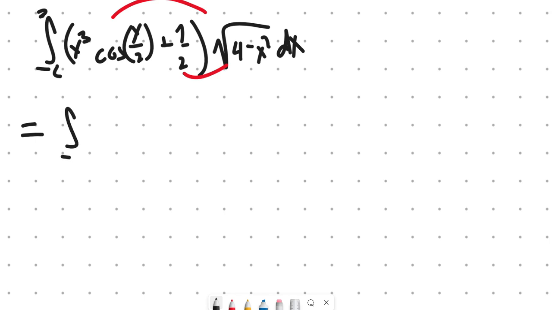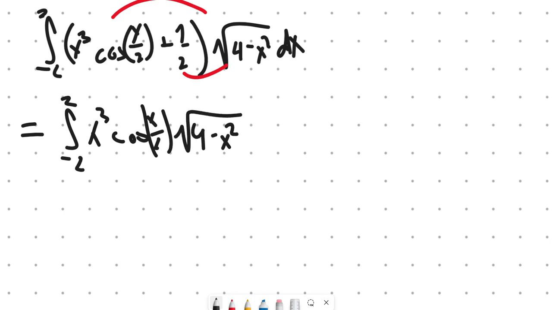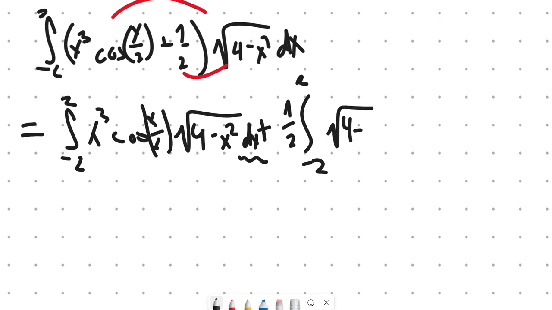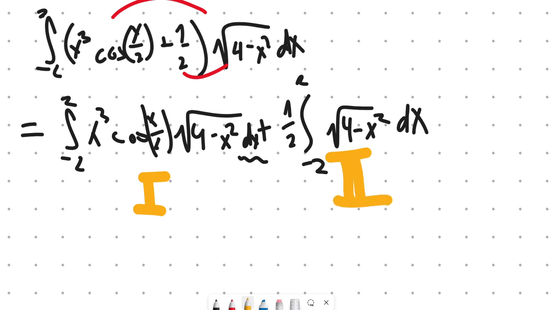It's going to be the integral from -2 to 2 of x cubed cosine(x/2) times the radical of 4 minus x squared dx, plus, factoring the 1/2 out of the integral, 1/2 times the integral from -2 to 2 of the radical of 4 minus x squared dx. The first part of the integral we can call I, and the second part we can call the Roman numeral 2.